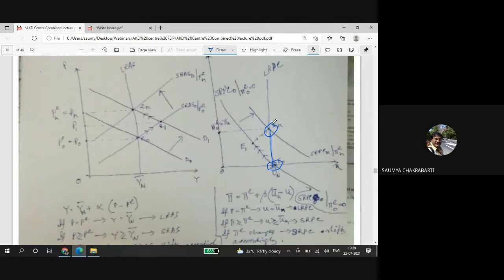And then we are going from E naught to EN in one go, be it the left side diagram or the right diagram. But if there is an unanticipated shock, like demonetization, what will happen? Even under rational expectation.